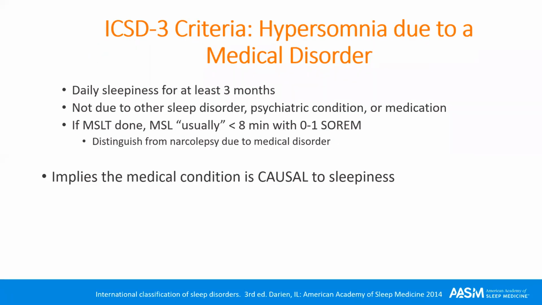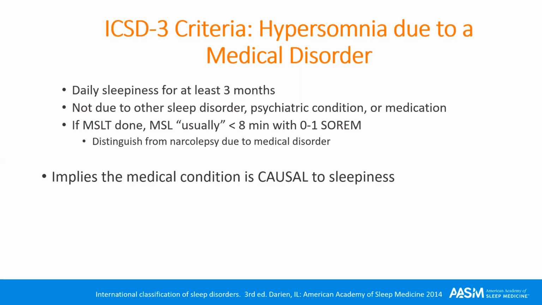The next central disorder of hypersomnolence we're going to talk about is hypersomnia due to a medical disorder. Here, sleepiness has to have been present every day for at least 3 months. You will hear that for all of the hypersomnia disorders other than Kleine-Levin. For the most part, you're looking for sleepiness every day that's lasted at least 3 months.